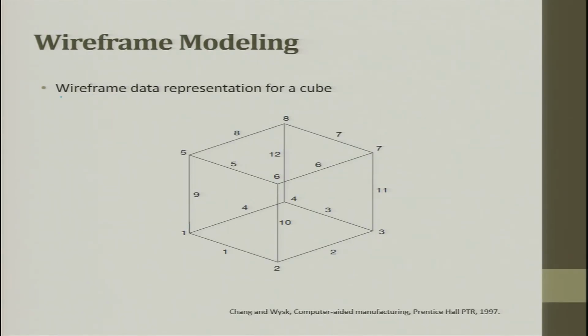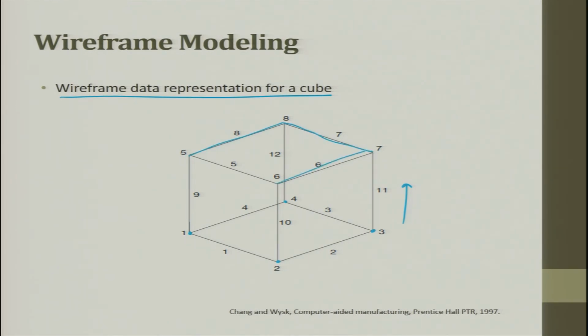In a wireframe representation, if we try to draw a cube, we would like to see how this data is getting represented. So, here the vertices are 1, 2, 3, 4, and you just offset this plane, you get 5, 6, 7, 8.